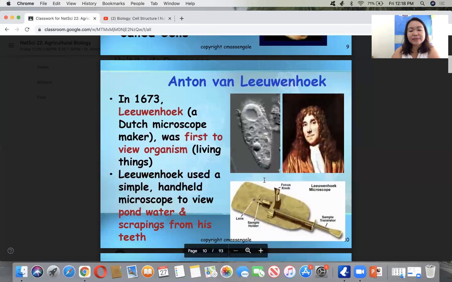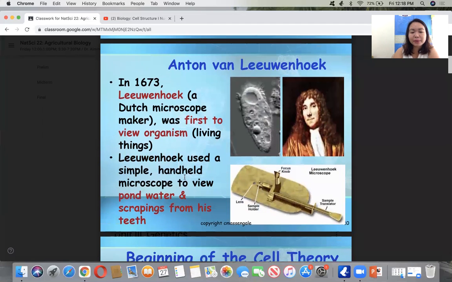And in 1673, Leeuwenhoek, a Dutch microscope maker, was the first to view living organisms. Leeuwenhoek used a simple handheld microscope to view pond water and scrapings from teeth.